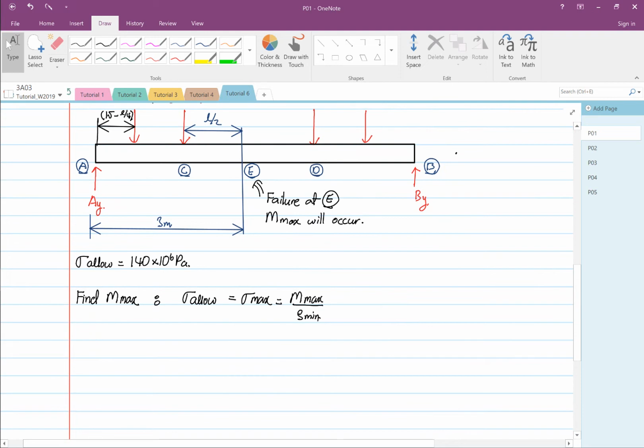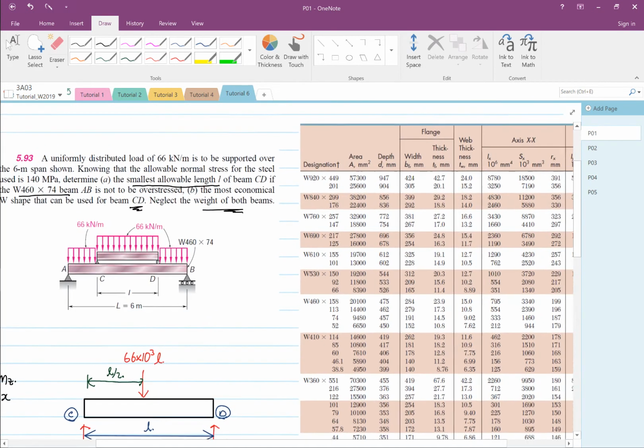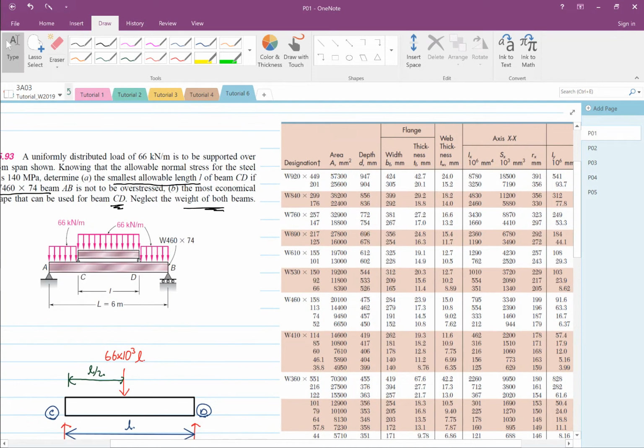So from the table, S is equal to... if you look at the shaft or the beam, you have W460×74. So it's this one, W460×74.